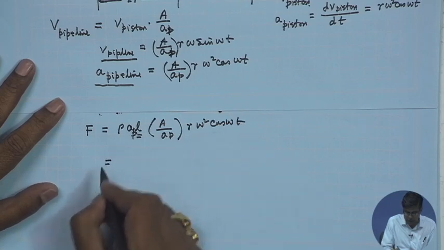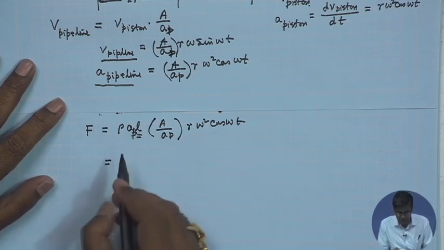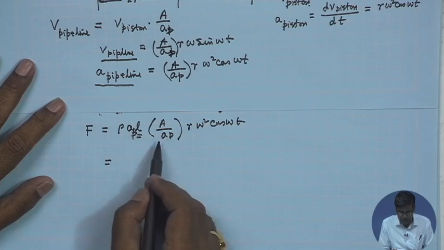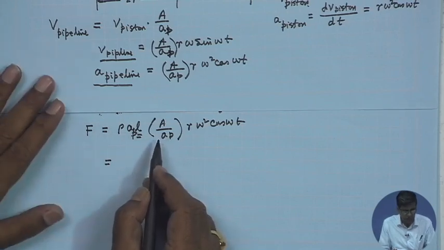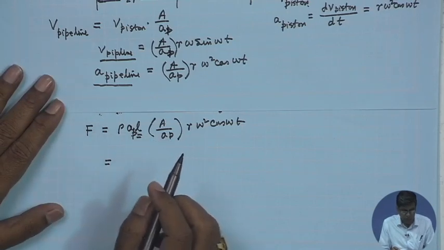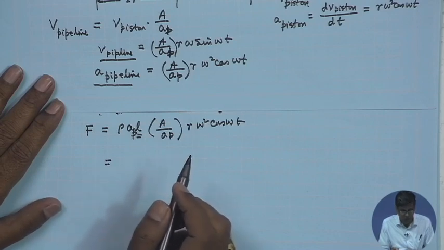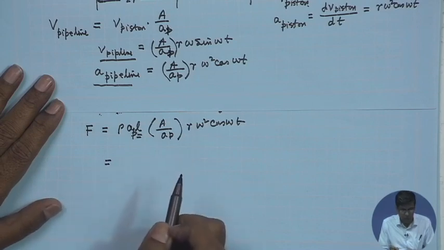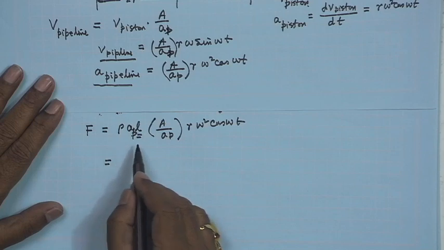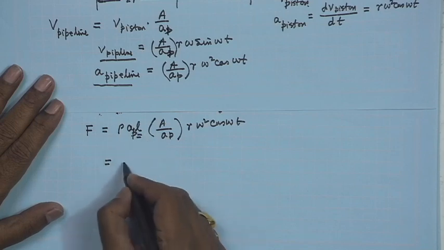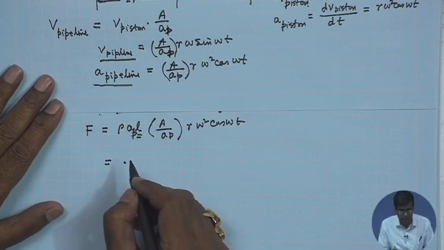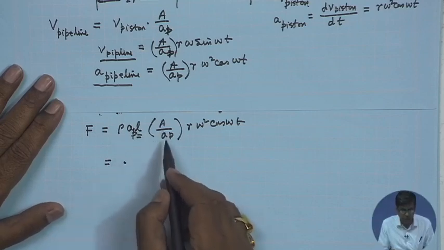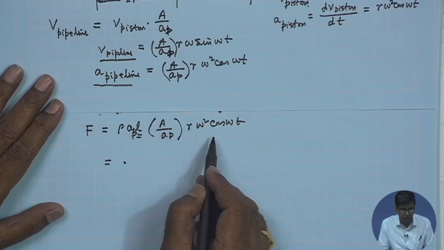So, AP will cancel, and the force required to accelerate the liquid mass will be rho A L r omega square cos omega t divided by AP.